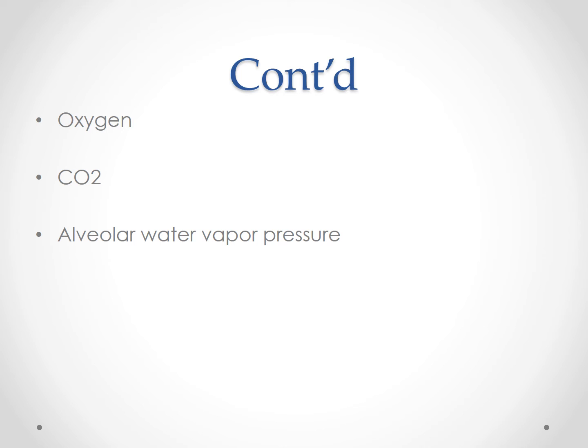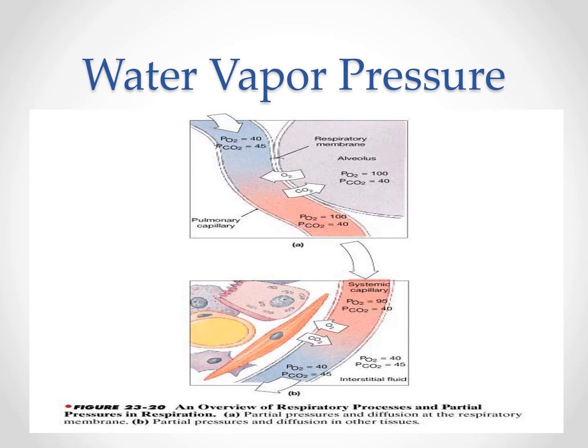Partial pressure of oxygen in our alveoli is usually about 100. So when you have water vapor pressure, you have water that's present in the volume of gas, and it acts like the gas law says it should, and exerts a partial pressure like Dalton's law said.